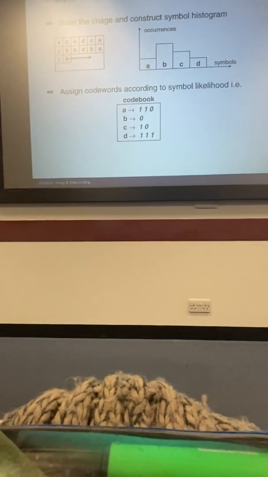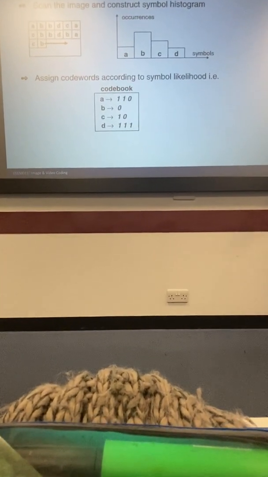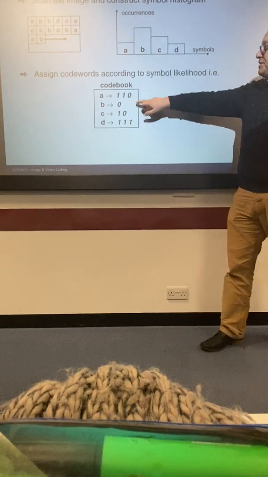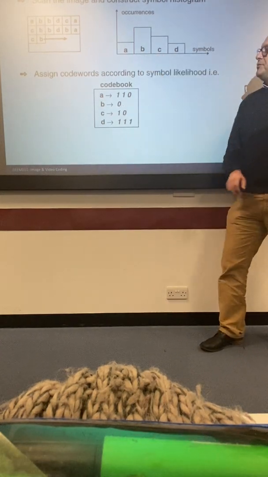And the trick would be to assign short codes to something that is seen very frequently, that the probability is high. So you remember I asked one of you, what code would you assign to something that is occurring very frequently? This is occurring very frequently, so we gave it code 0.